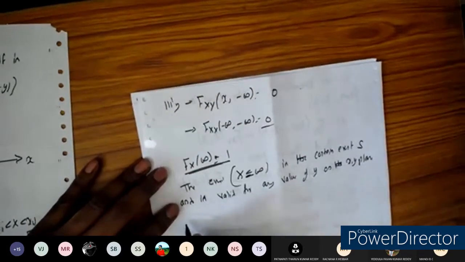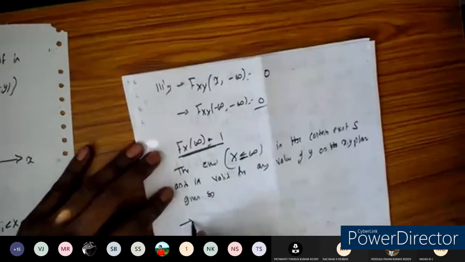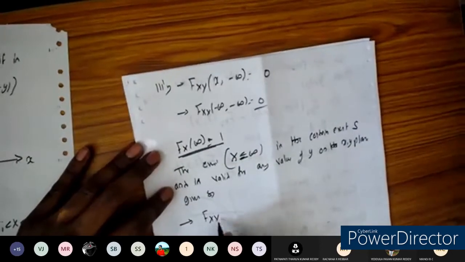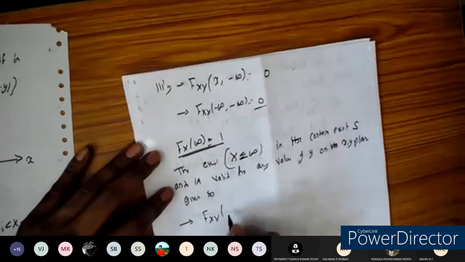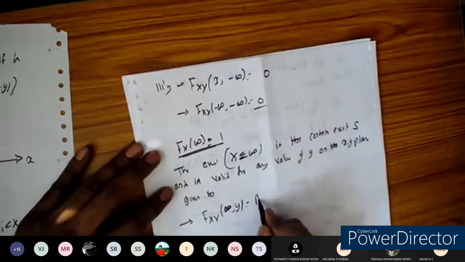So this is equal to FXY of x equal to infinity comma y.